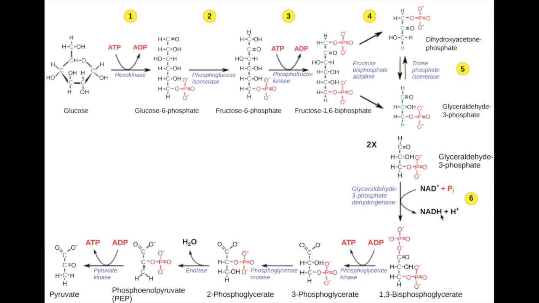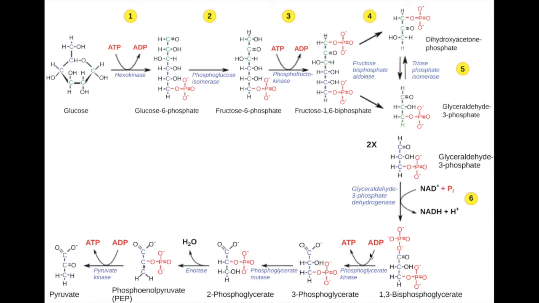Now I need you to go back to the enzyme video in biochemistry, where I talked about allosteric enzymes and allosteric inhibition, what it is. I have explained it in the past, but now we'll show you how it is being used here.